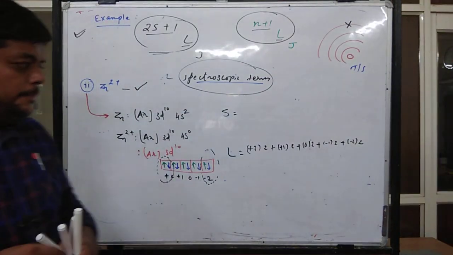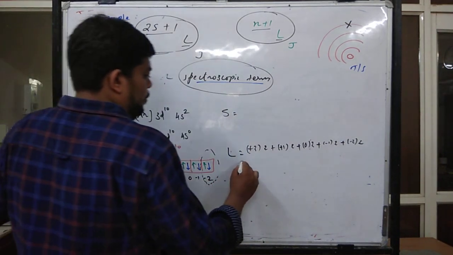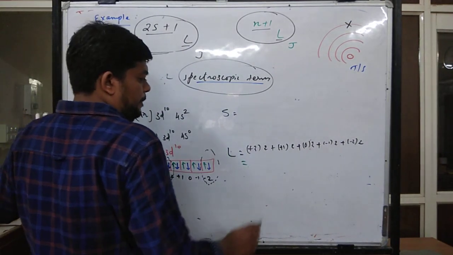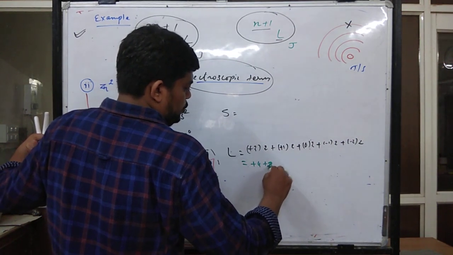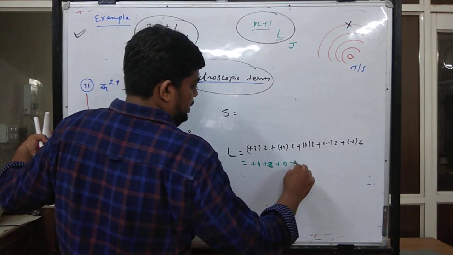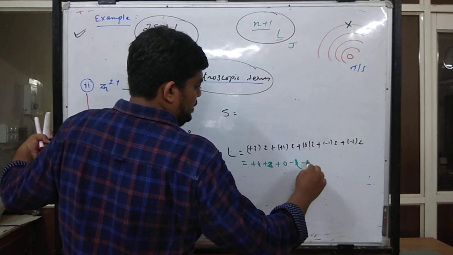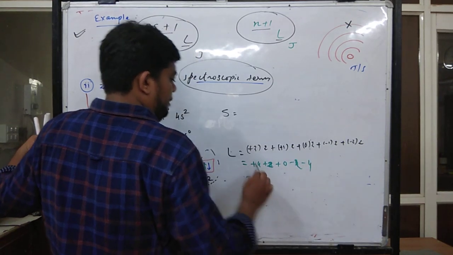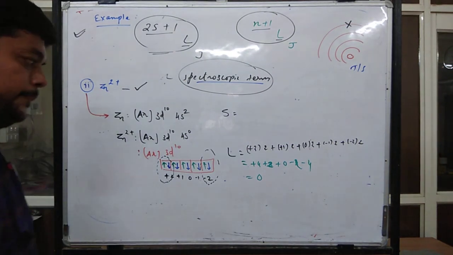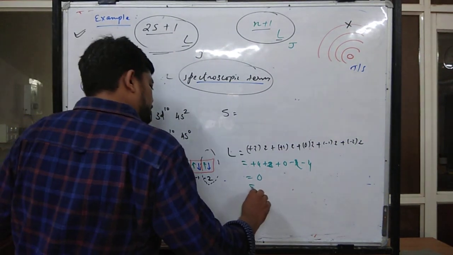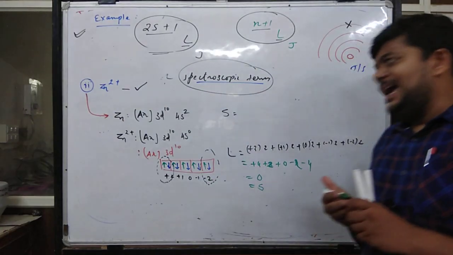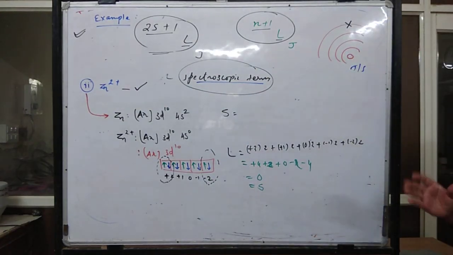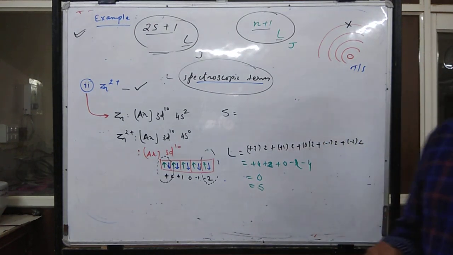Just summing it up, it is very clear from here that it will be +4 +2 +0 -2 -4, and the total is 0, and the total 0 corresponds to S. So I am clear with the value of L. Thinking about S, let us check.